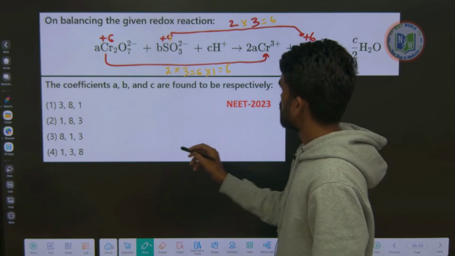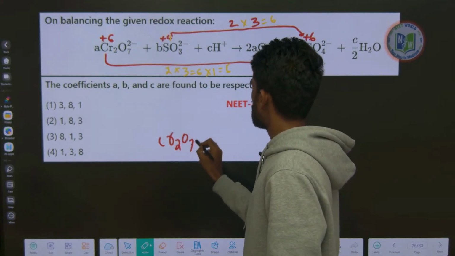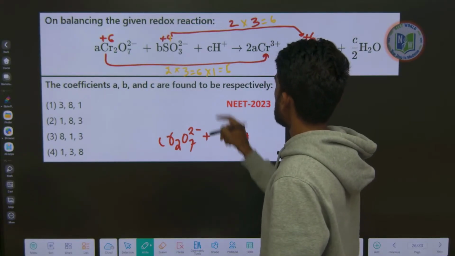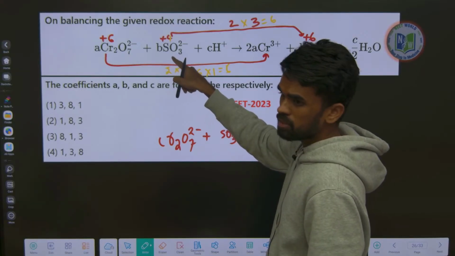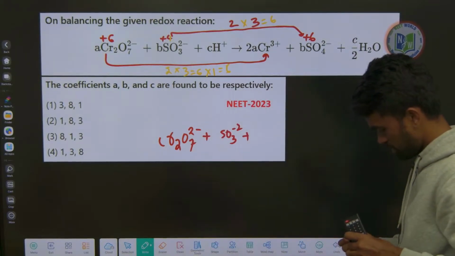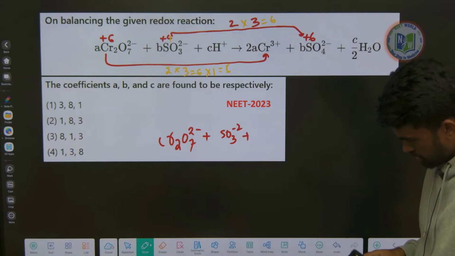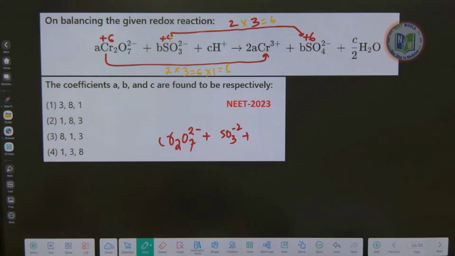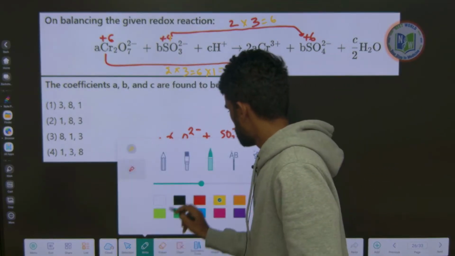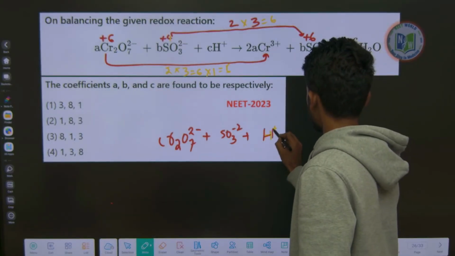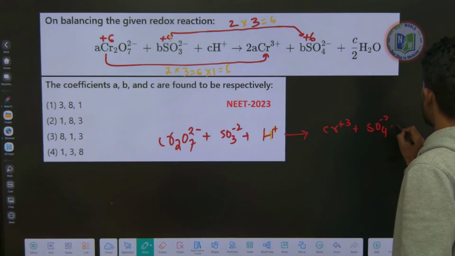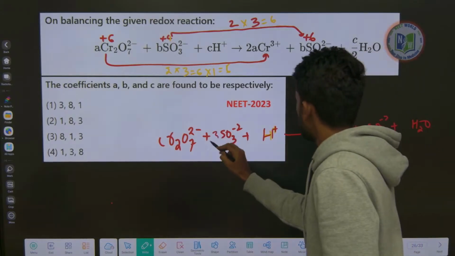So we get Cr2O7 2 minus plus SO3 2 minus, multiplying the SO3 equation with 3. So here 3 and here 3.